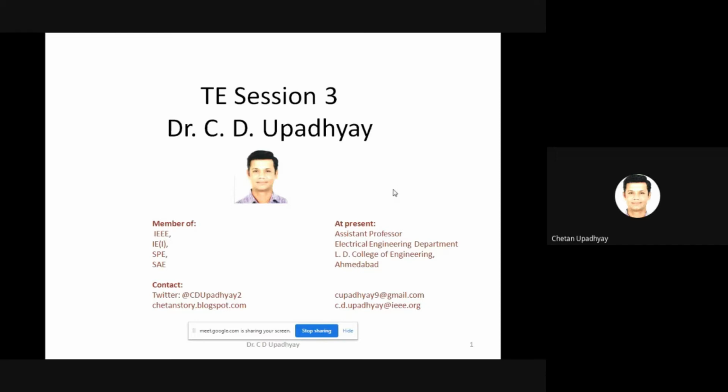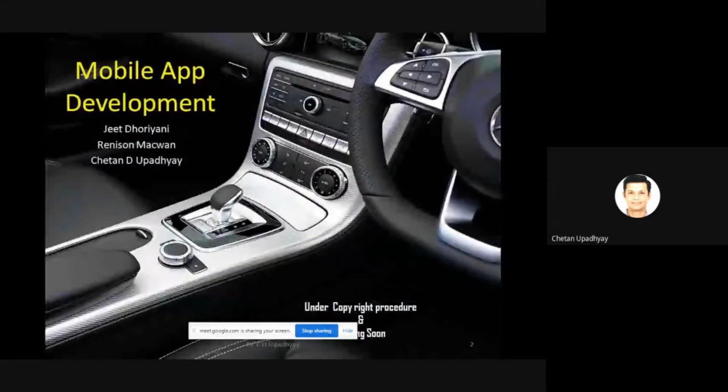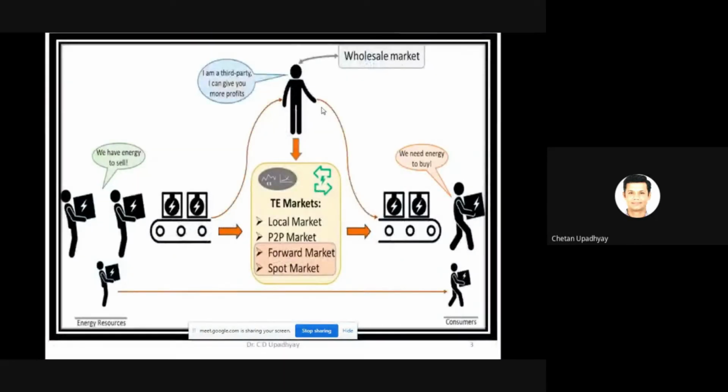So today I'll continue with yesterday's presentation, the mobile app development, which is under copyright procedure and going to come soon. So how has this worked? First and last, what we discussed day before yesterday, the buying and selling of energy, that is transactive energy.